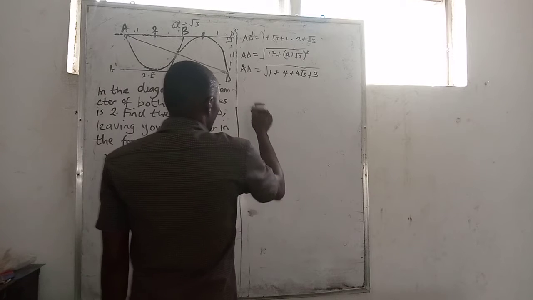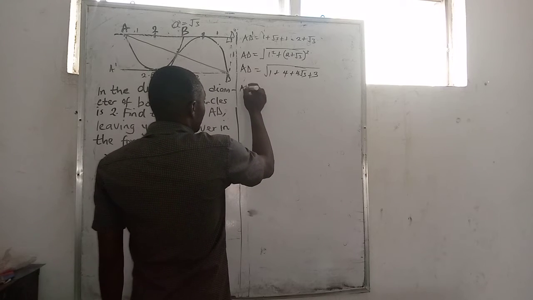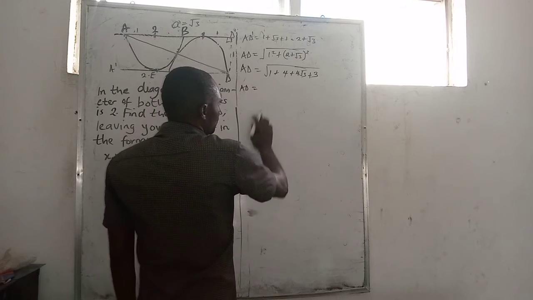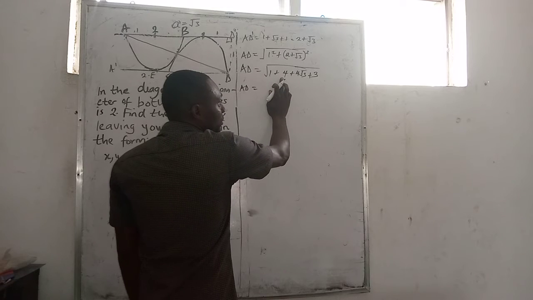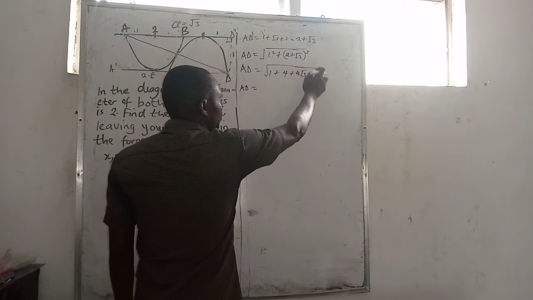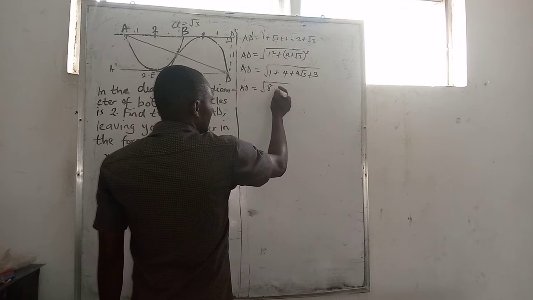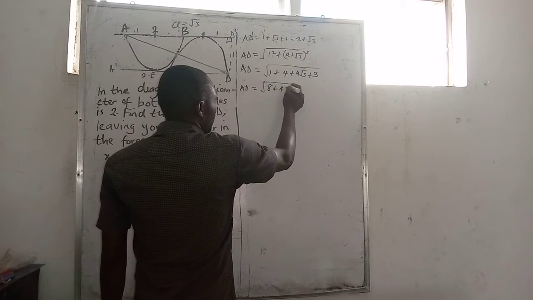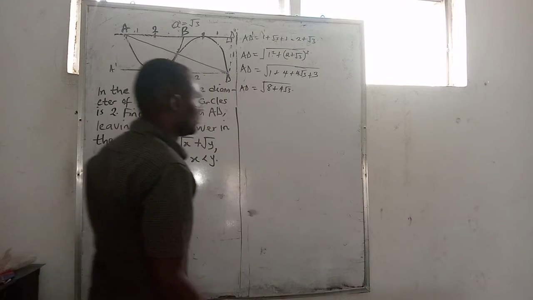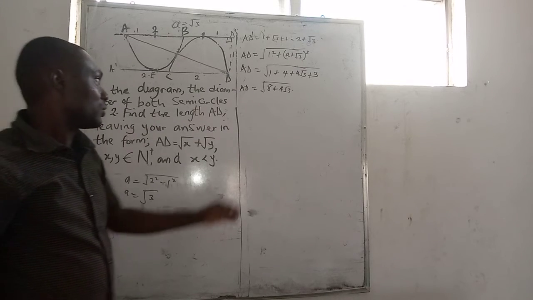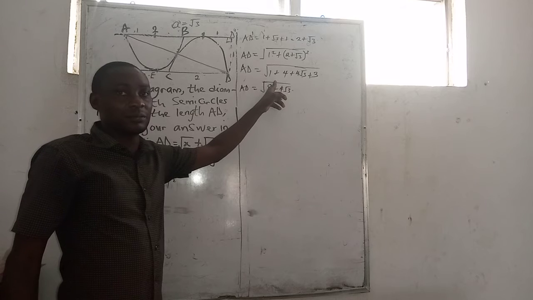So my AD is going to be equal to 1 plus 4, that's 5, plus 2, that is root 8 plus 4 root 3. So now we have a square root under a root.